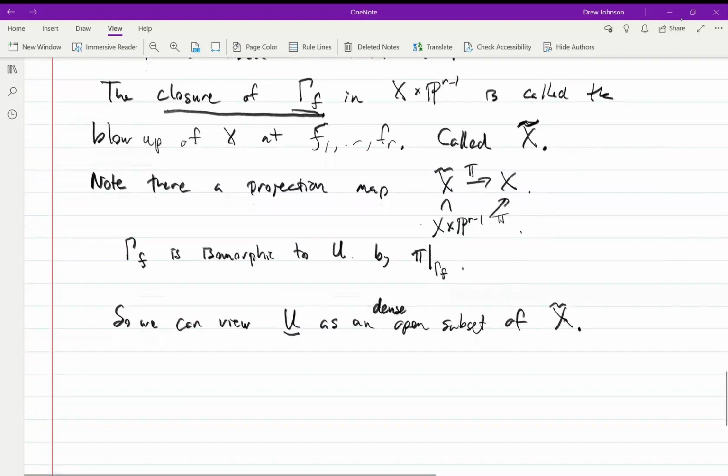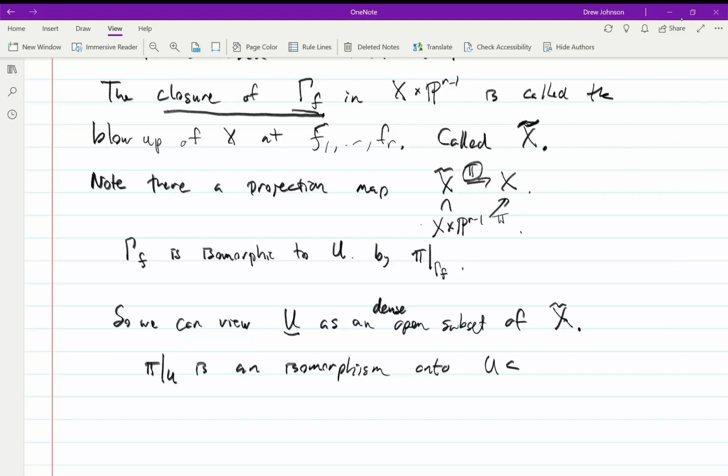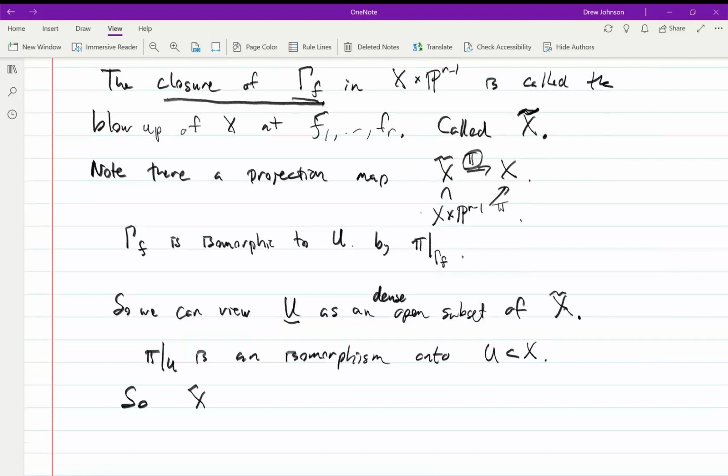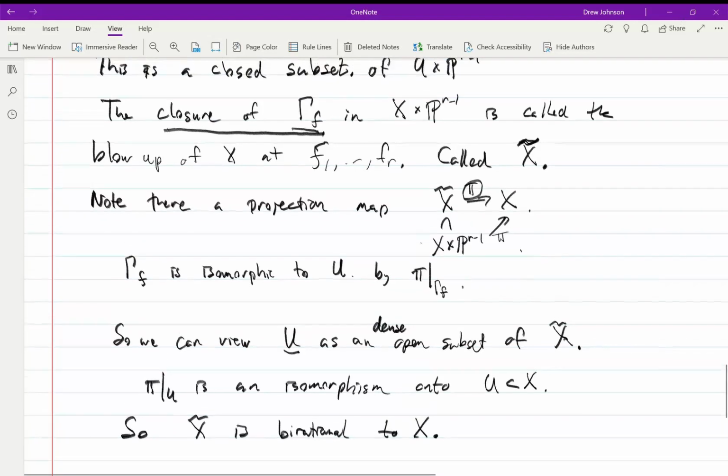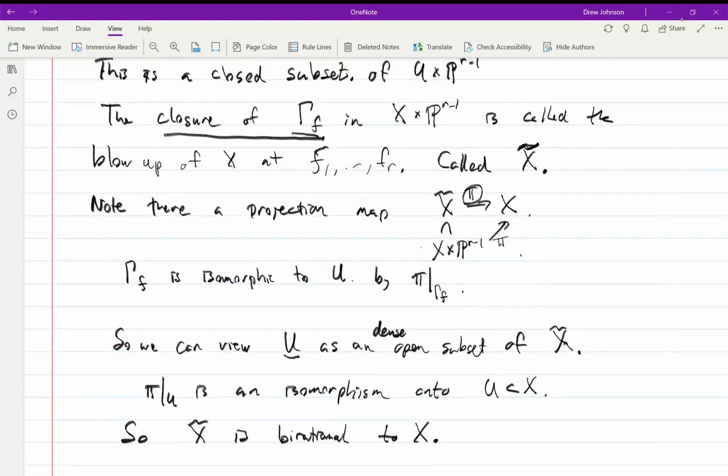And in fact, pi restricted to U is an isomorphism onto U considered as a subset now of X. Okay, so X tilde, the blow-up, is birational to X. The dense open subset that is isomorphic is the U, which is the graph here, and also the U which is the subset that we started with as an open subset of X.